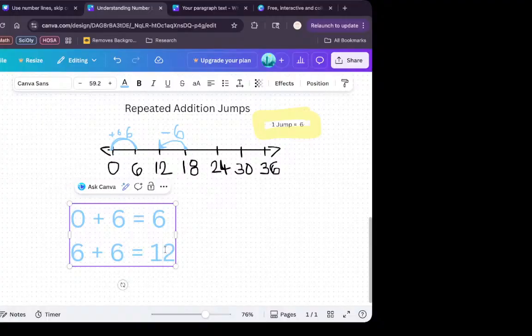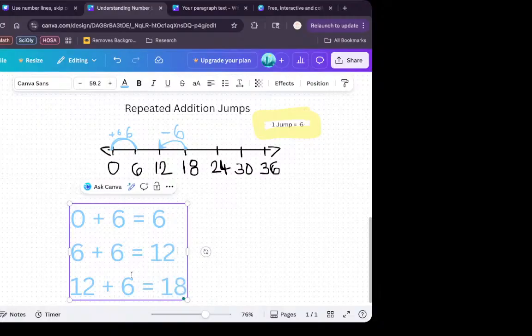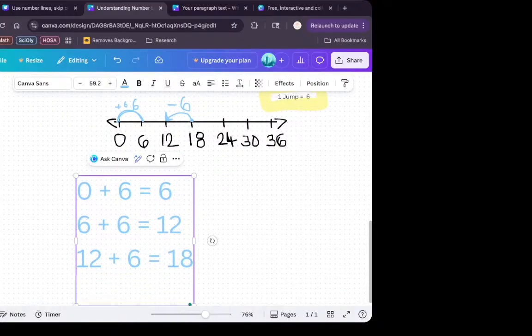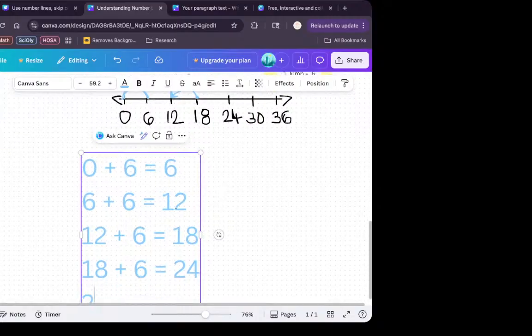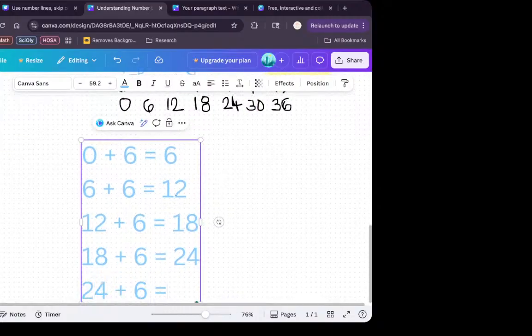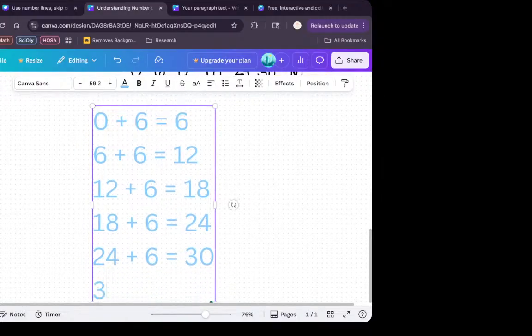Let's move on to 12 plus 6. 12 plus 6, what does that equal to? 18. Are we getting 18? Yes, we are. 18 plus 6. That is equal to 24. Are we getting 24? Yes, we are. 24 plus 6. That should be equal to 30. Are we getting 30? Yes, we are. 30 plus 6. That is 36.